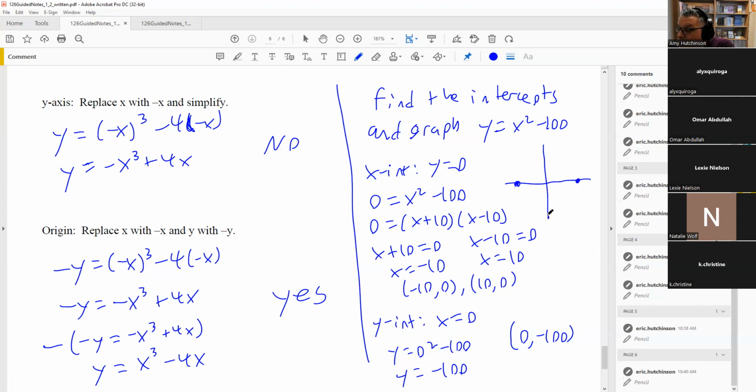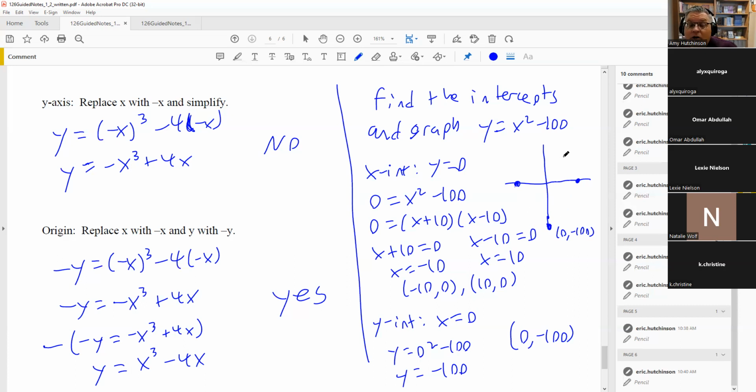And then way down below, this is going to be the 0, negative 100. When you use the tool in MyOpenMath, you want to click on the y-intercept first, because that's going to be the very lowest point of the graph.